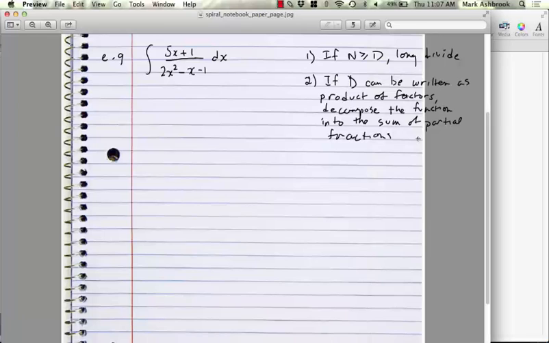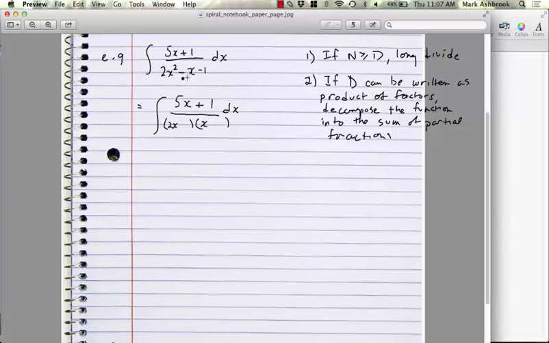Can d be written as the product of factors? Meaning, can you factor that? So, 2x and x. And then this would have to be plus 1 and minus 1 in order to give a sum in the middle of negative 1.